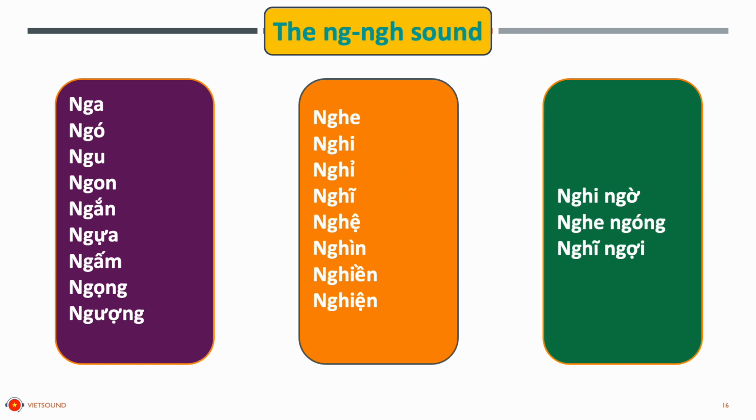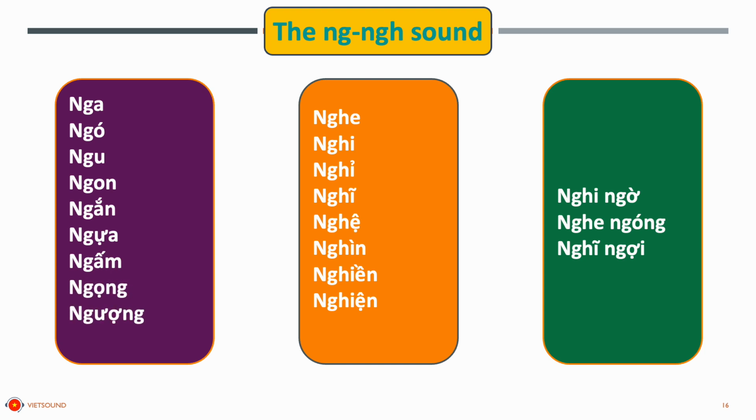Now let's try to say some words with the ng sound. First, the ng sound is spelled by the letters n and g. Nga, ngó, ngu, ngon, ngắn, ngựa, ngấm, ngọng, ngượng.